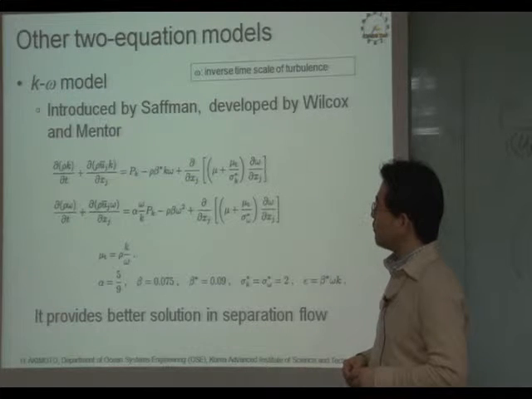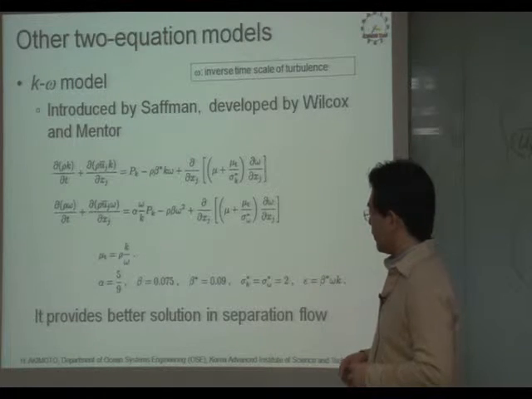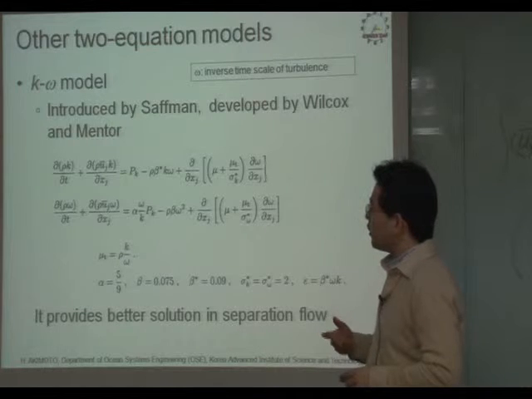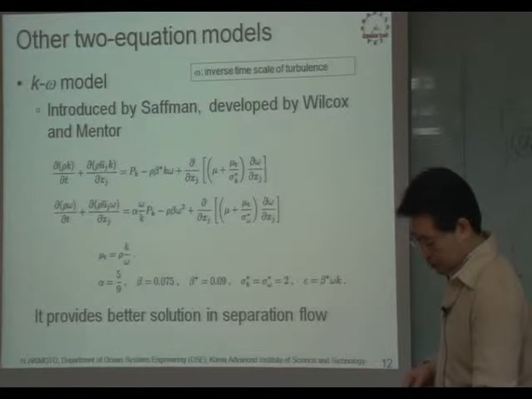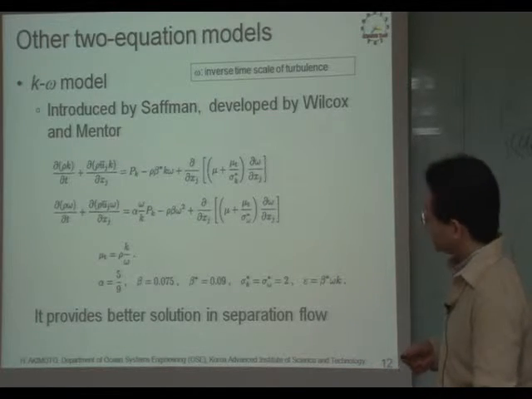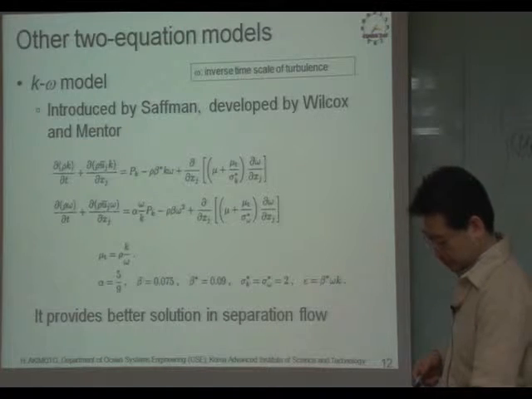The flow pattern is subject to the separation of the flow. K epsilon model is not good at reproducing the natural separation pattern.